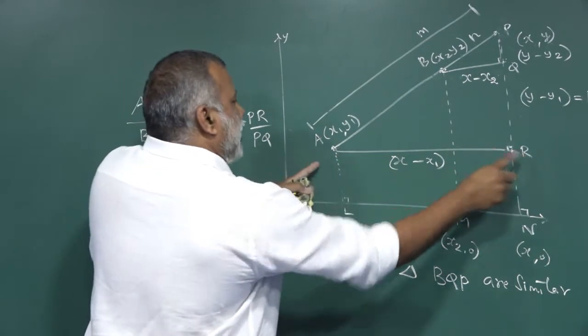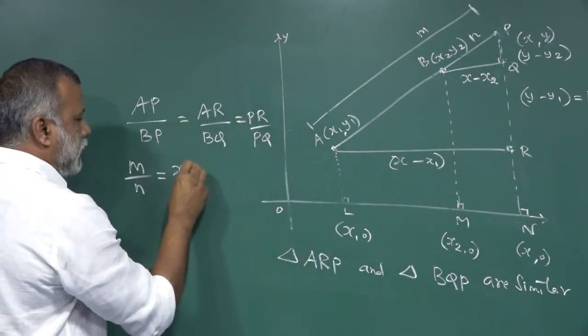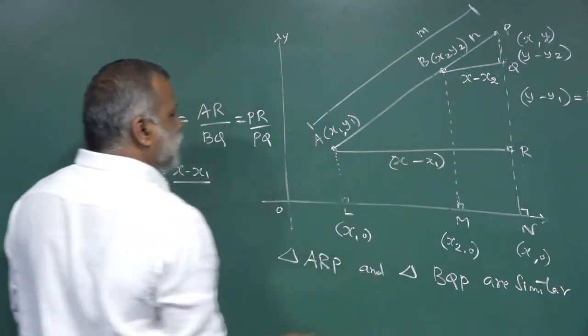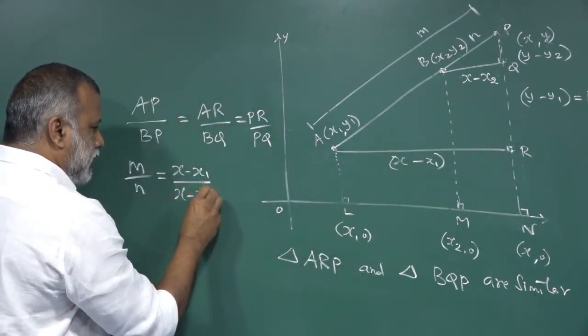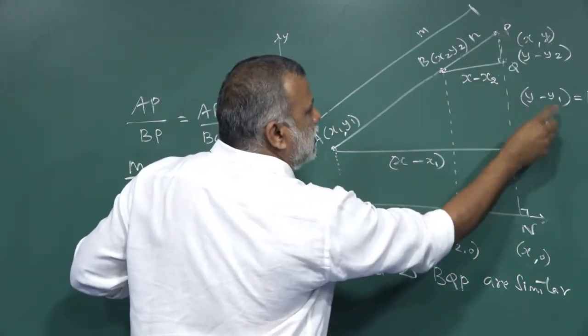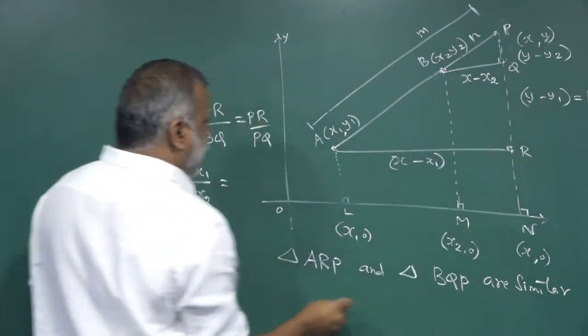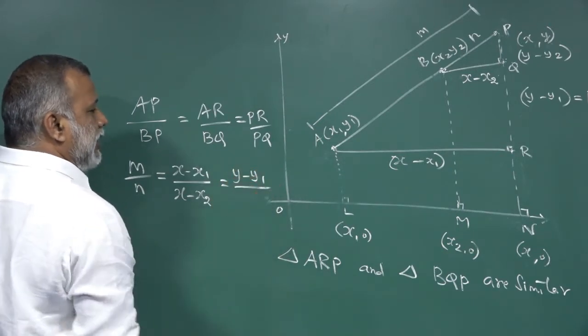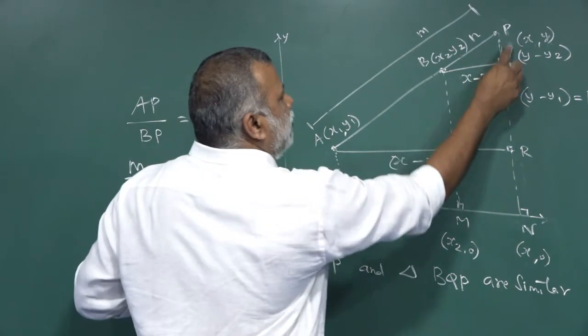See, this is the AR value. Just now we worked out X minus X1, divided by, what is the value of BQ here? X minus X2. Then PR. What is the value of PR? Just now we worked out PR is Y minus Y1, divided by PQ. What is the value of PQ here?